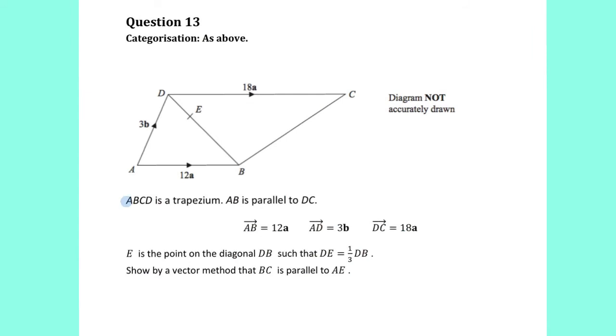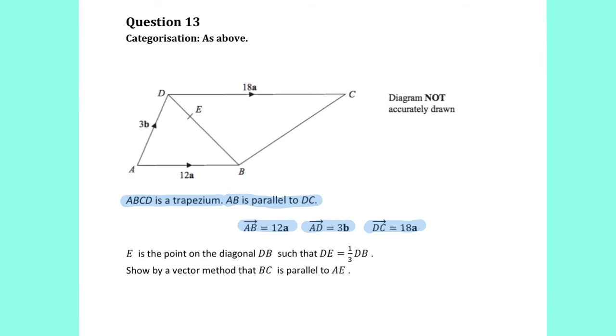In this question, we're dealing with a trapezium, ABCD. We're told that AB is parallel to DC. We're also told that vector AB is equal to 12a, vector AD is equal to 3b, and vector DC is equal to 18a.